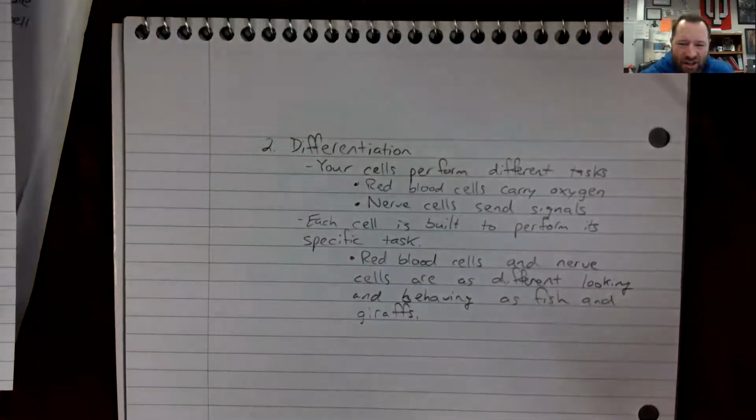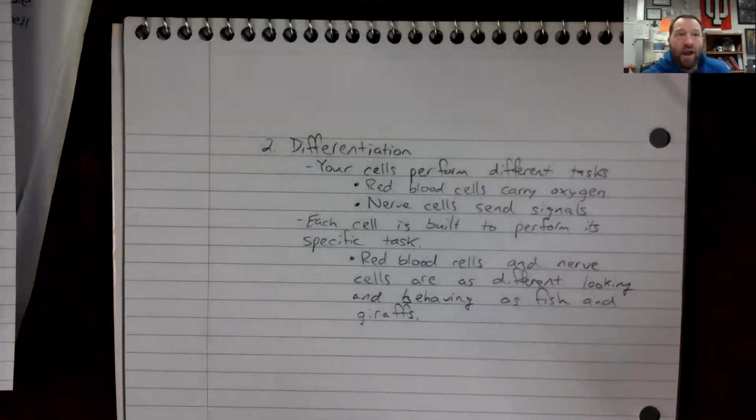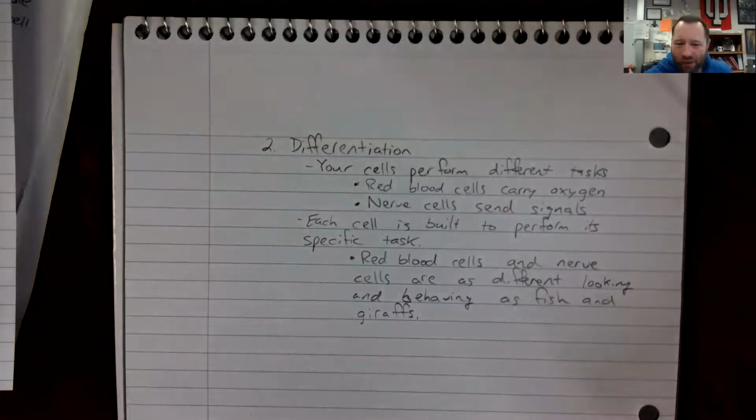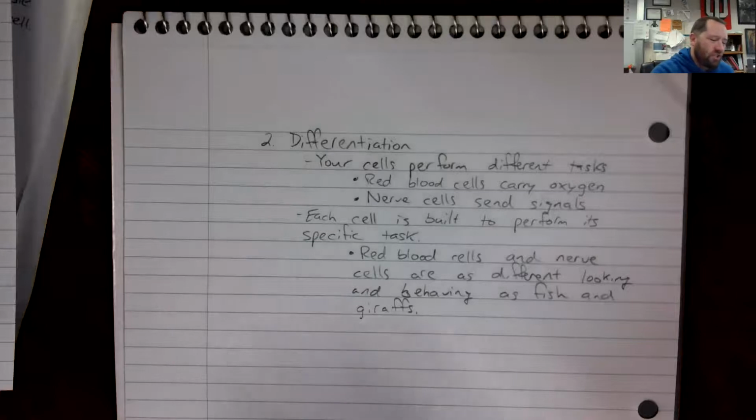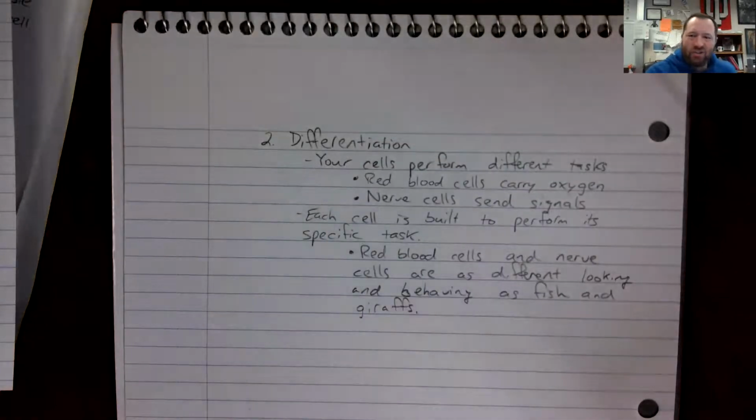You can imagine a fish trying to stretch its head really high to grab food off of a tall branch, or a giraffe trying to swim around in the middle of the ocean. It just doesn't happen. Just like a red blood cell doesn't try to do a nerve cell's job.